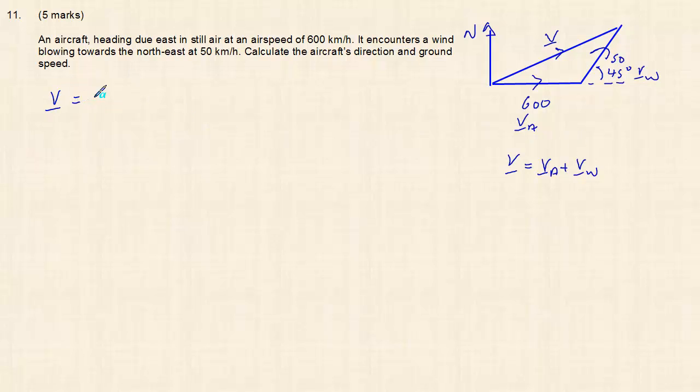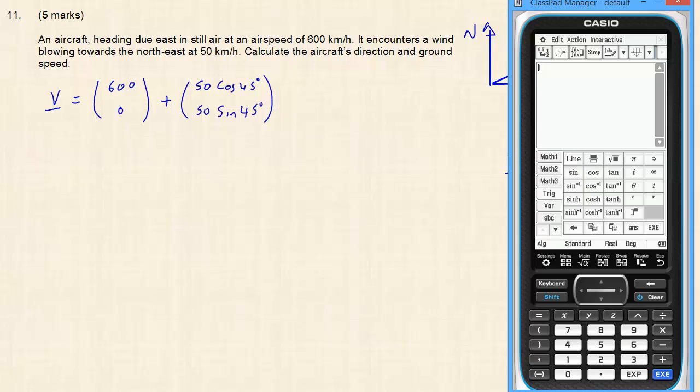So V is going to be, this is going directly east, so that's 600, 0, and the wind is going at 50 cos 45, 50 sine 45. So if I'm in standard mode, I get exact answers.